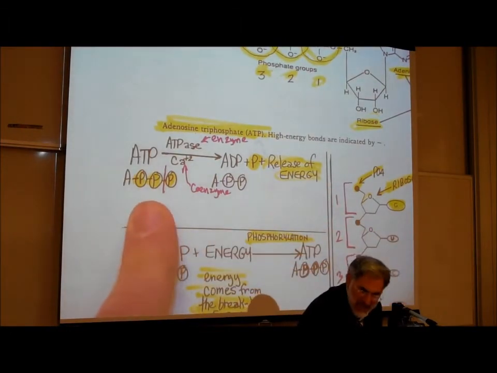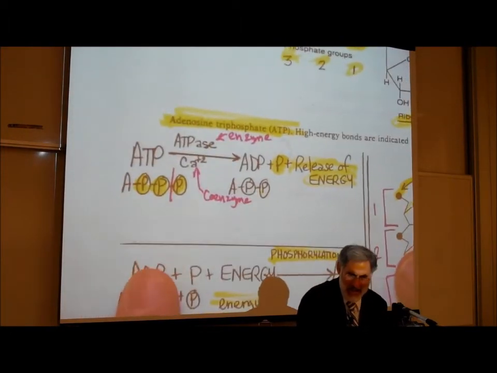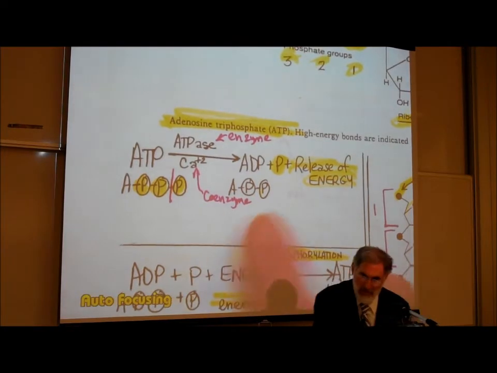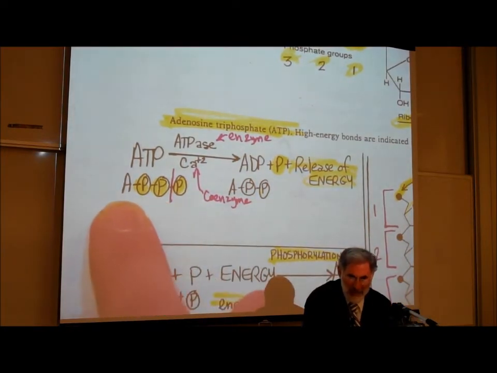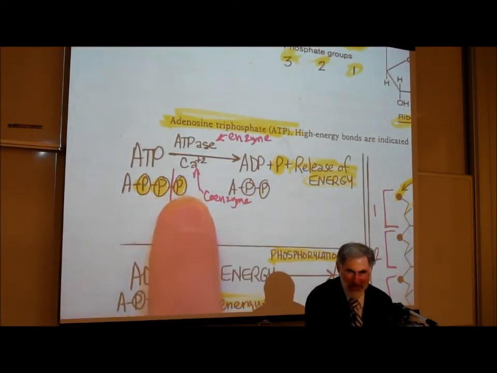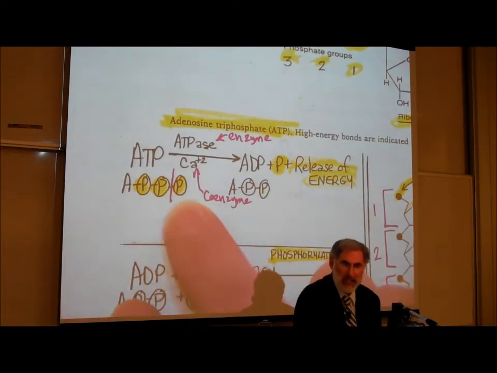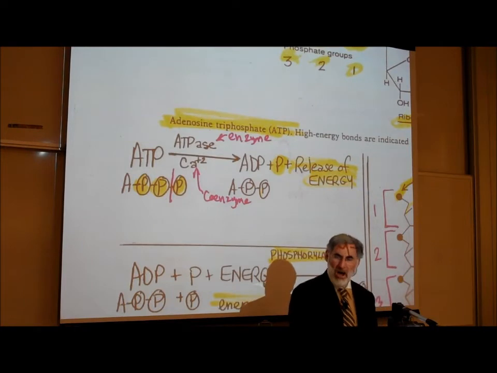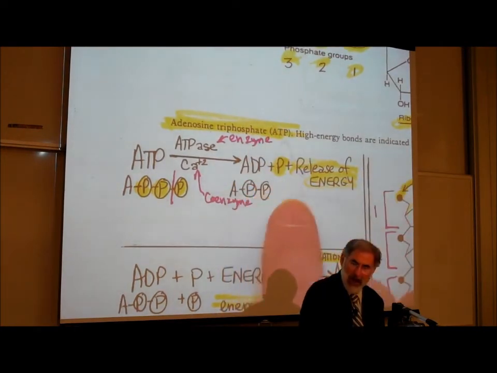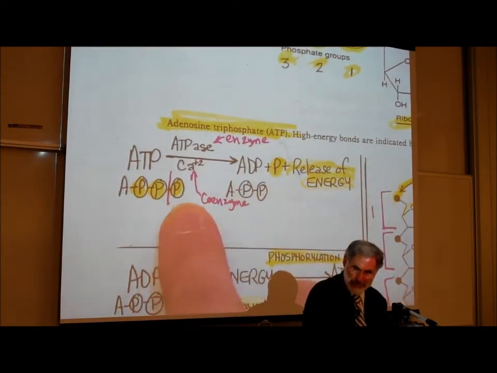If we represent the ATP molecule, the fact that it has 3 phosphates, this way, by writing an A for adenosine and 3 phosphates in a row, if this 3rd phosphate is split off the molecule, it releases energy.